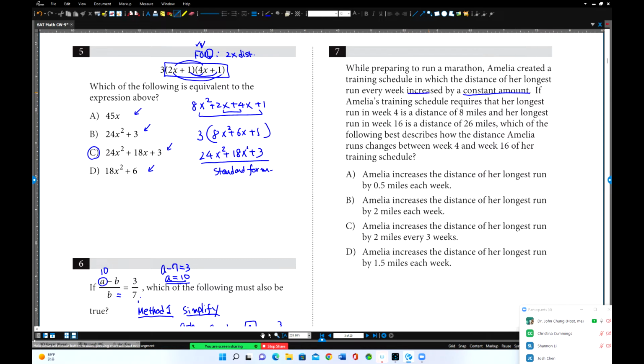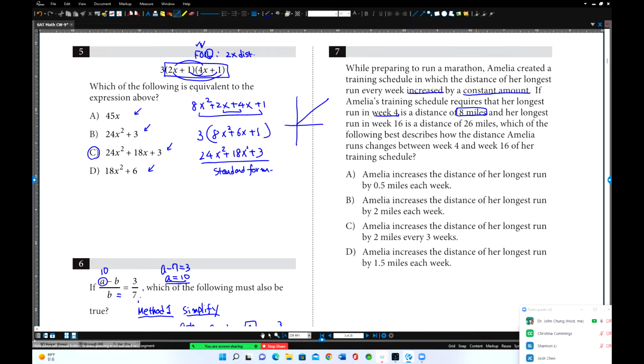Always that is linear. Looks like this one. Her training schedule requires her longest run in 4 weeks to be what? 8 miles.